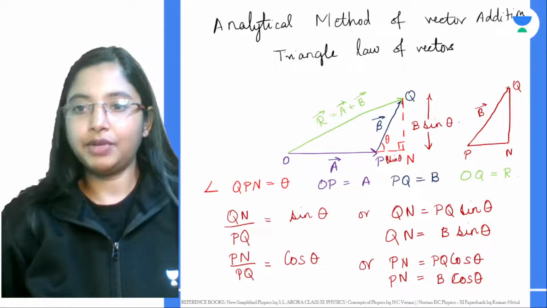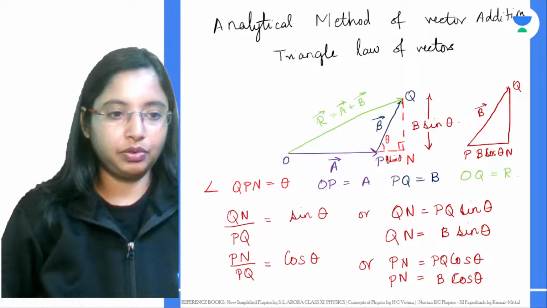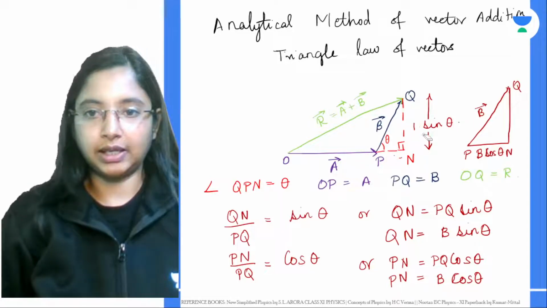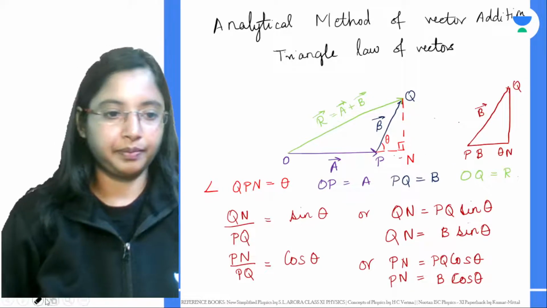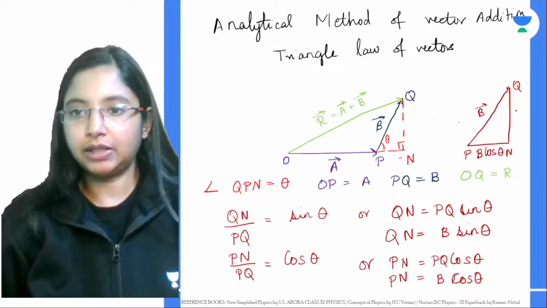If you resolve this B vector into its horizontal and vertical components, the horizontal component is B cos theta, and the vertical component is B sin theta.